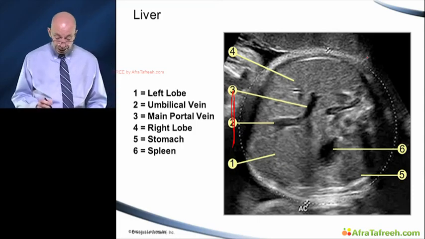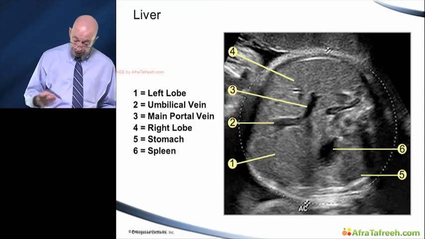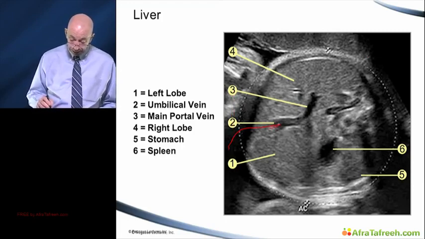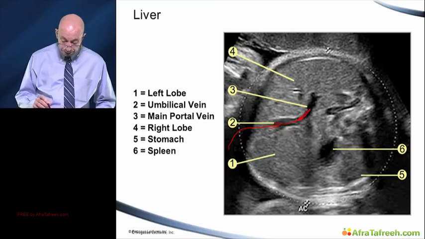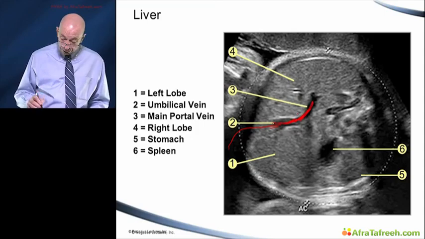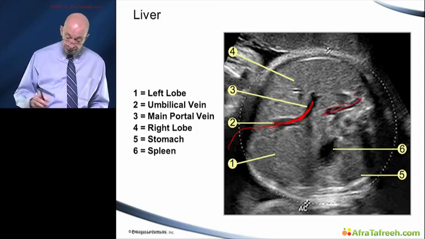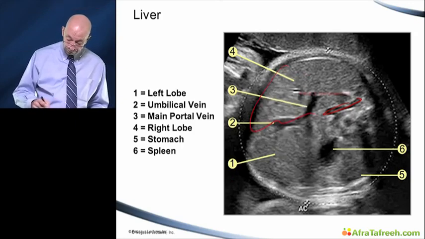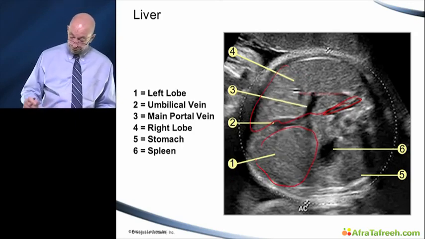And in the liver, we're seeing the umbilical vein as it enters the undersurface of the liver, as it anastomoses with the portal vein to form the portal sinus. We're also seeing adrenal gland as well. So this is the right lobe and the left lobe.